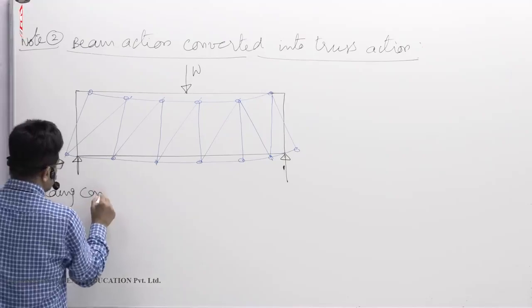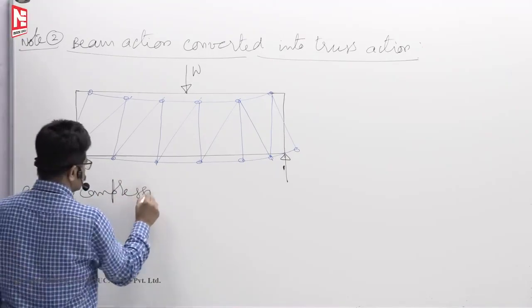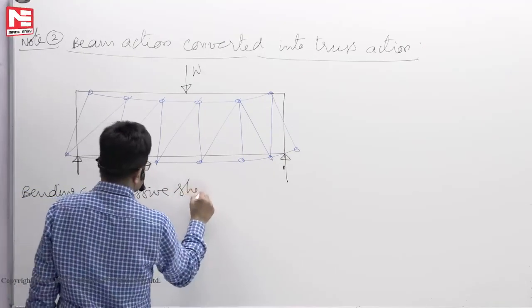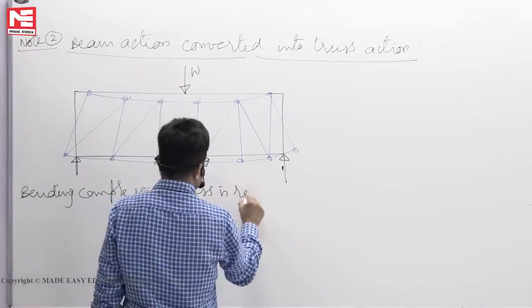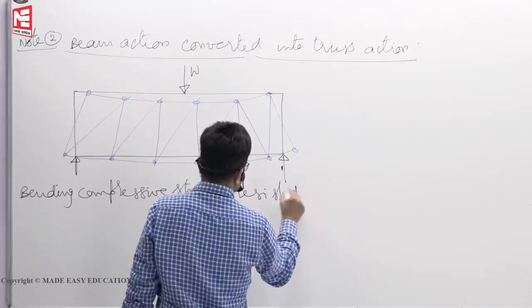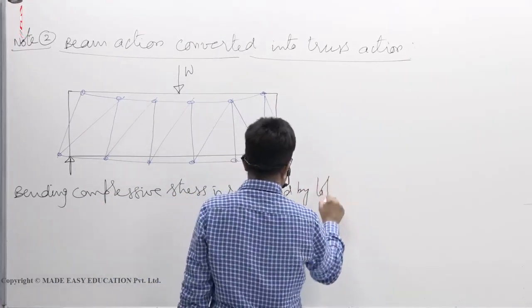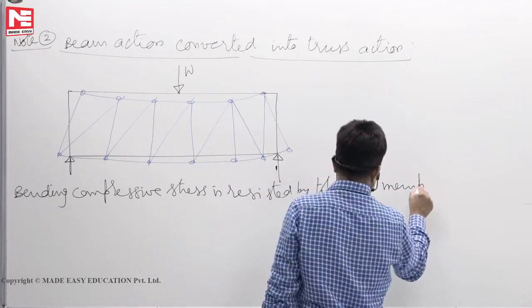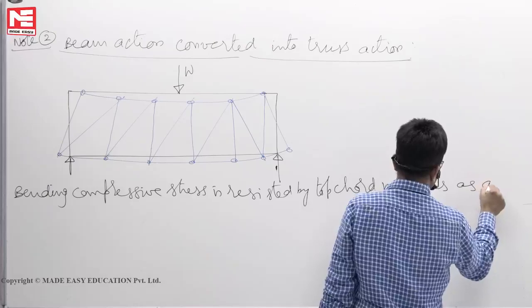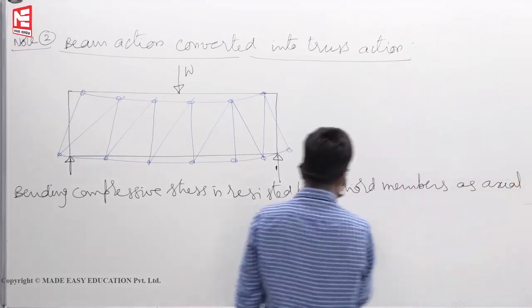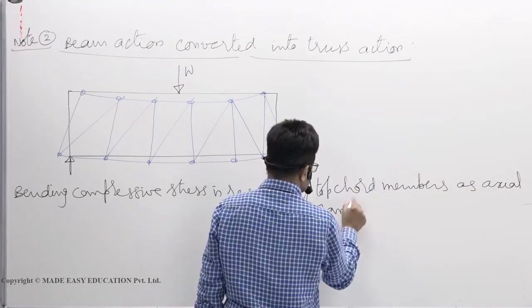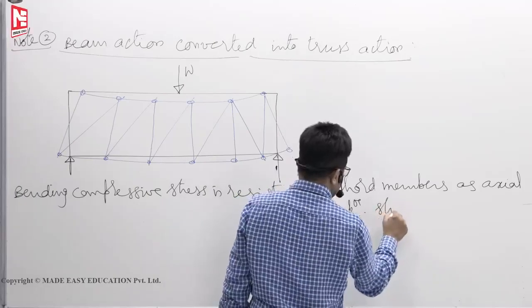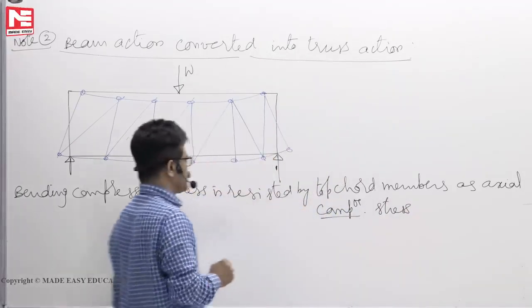Bending compressive stress is resisted by top chord members as axial compressive stress. So it is transferred as axial compressive stress.